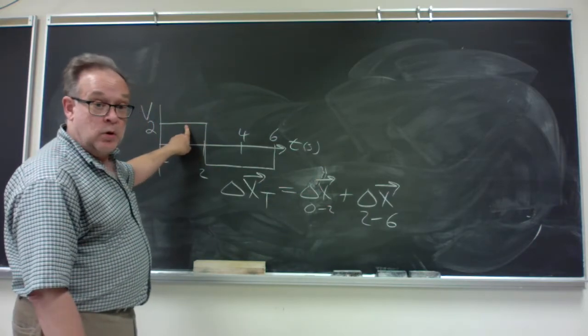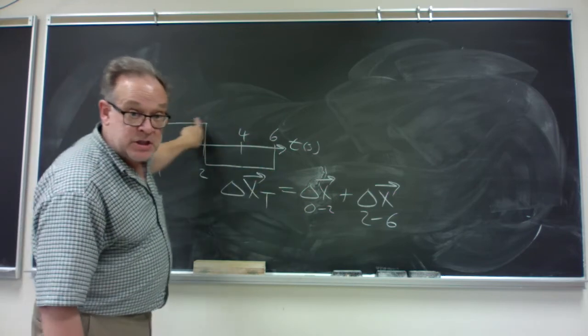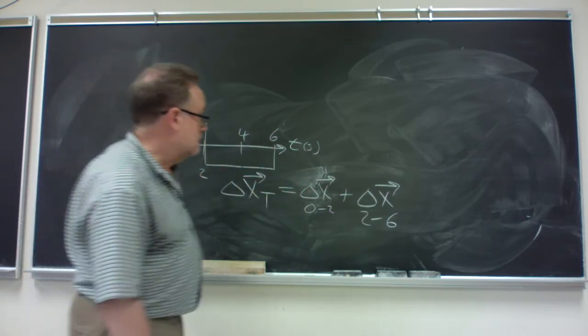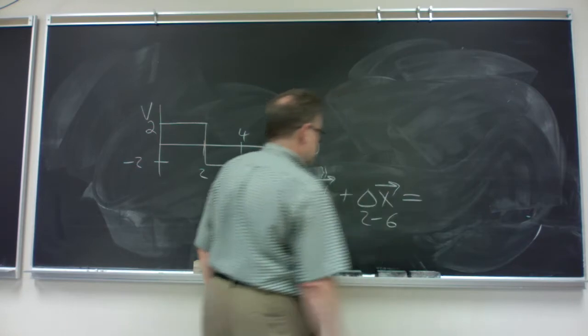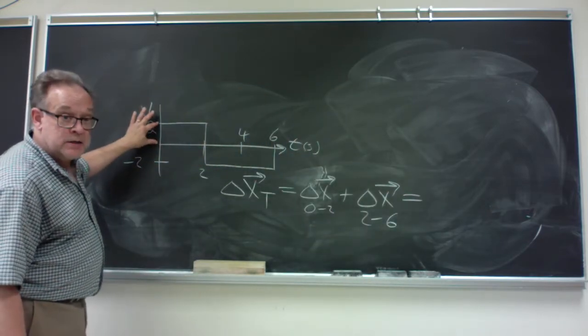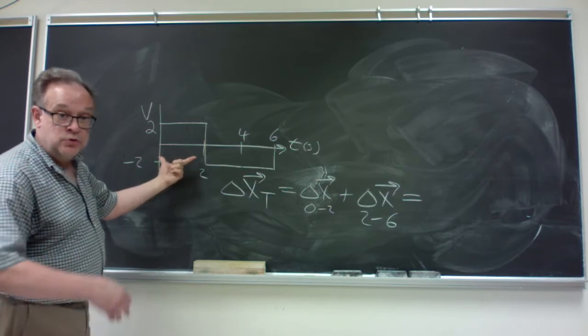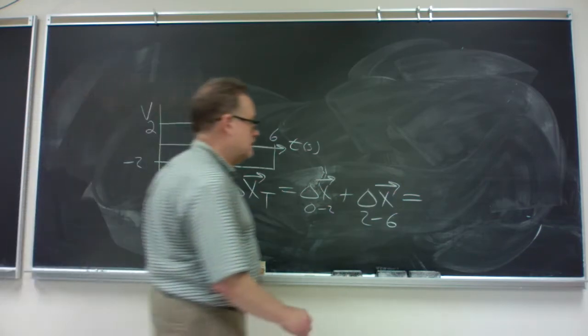Positive velocity, so a positive displacement. This displacement is just this area, and this area is 2 meters per second times 2 seconds. 2 times 2 gives us 4 meters.